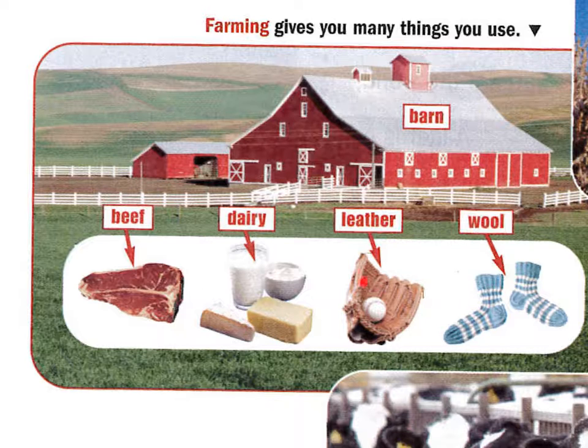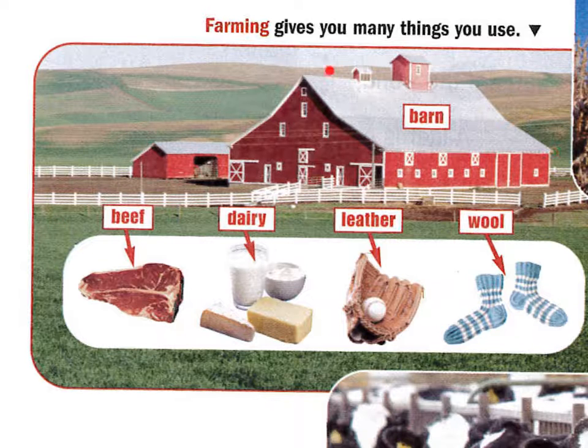This is leather from the cow's skin, used for many things: shoes, furniture. This is a catcher's mitt from baseball, a leather glove, and socks made from wool, which is the fur from sheep. So beef, dairy, leather, wool.